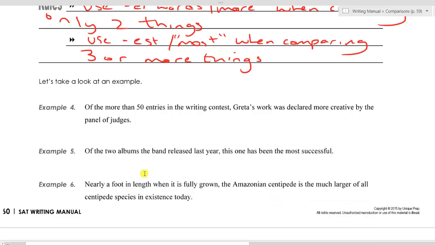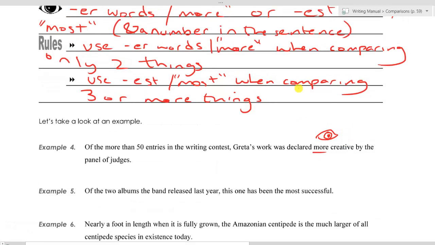So in example 4, we have, of the more than 50 entries in the writing contest, Greta's work was declared more creative by the panel of judges. So there's the ER word, or more. There's our tip-off clue right there. Now, if Greta's work was declared more creative, we should only be comparing two things, because when we use an ER word, we are comparing two things.